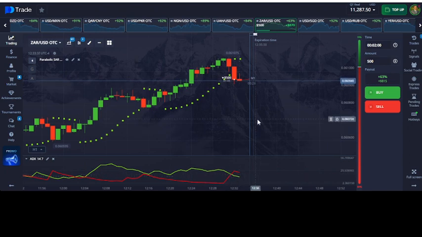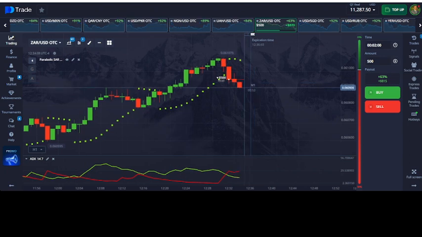So let's monitor this trade and wait till about 30 seconds left in the trade, and I'll come back and look at the results. Okay, so I'm back with about 30 seconds left in the trade.